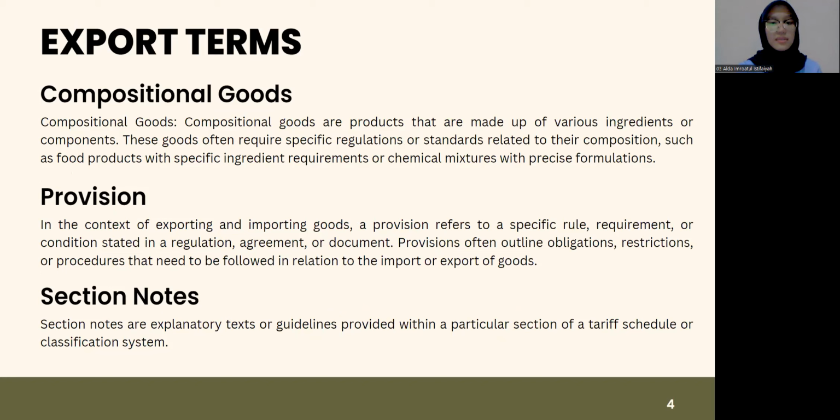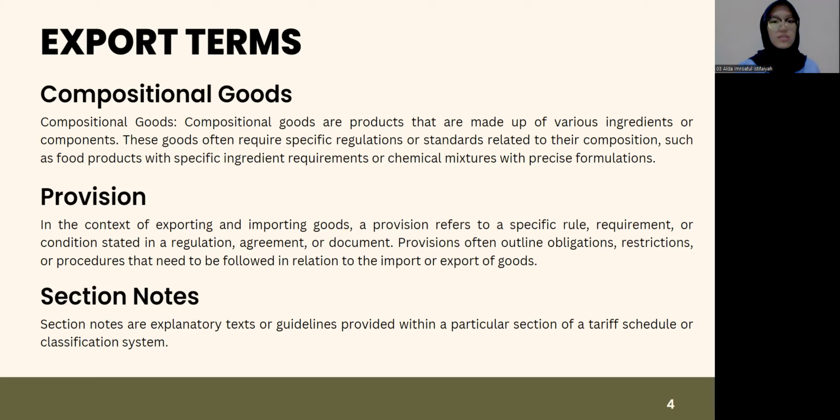And then number 7, we have compositional goods. Similar to mixed goods, it can be relevant to both export and import terms. In this case, it is categorized as an export term as it specifically refers to goods being exported and that have specific regulations or standards related to their composition.